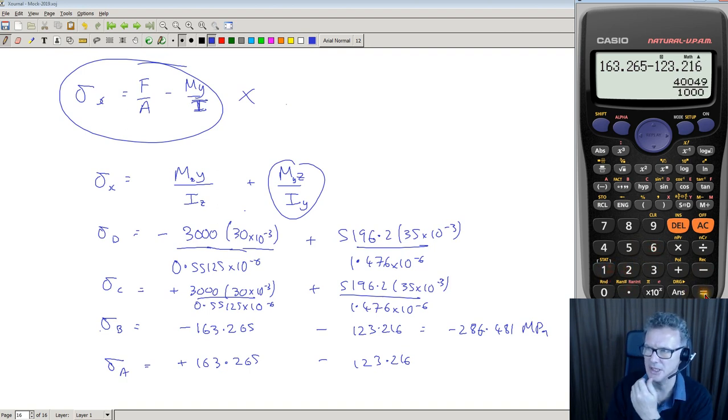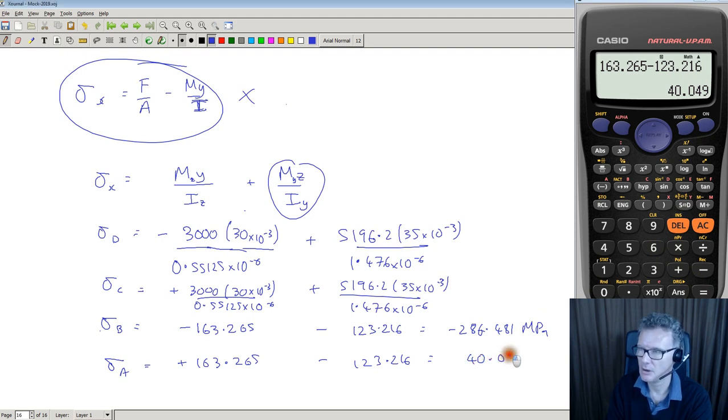My problem's quite easy because it's nice and symmetrical. So that it ends up as 40.49 megapascals. Positive is the same as this, but plus. And here we've got a negative, positive, so it'll be the same as this value, but minus.